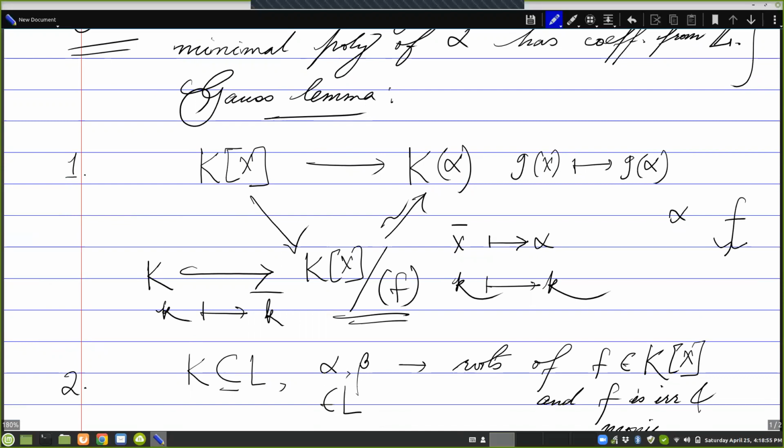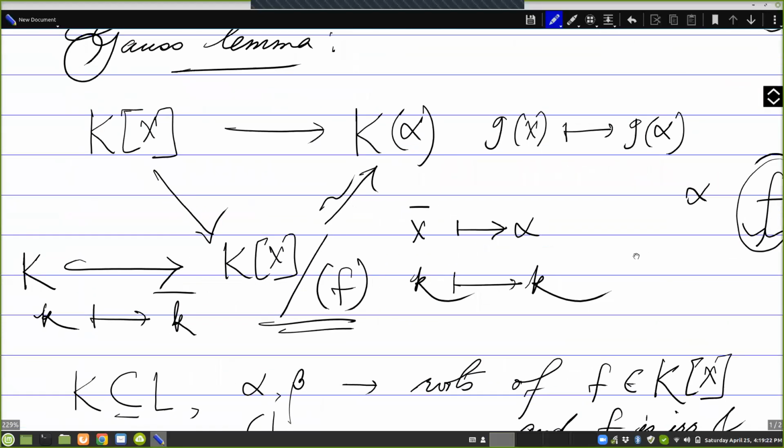So I repeat, suppose I have an extension L over k and alpha is algebraic over k, then a conjugate of alpha is by definition a root of the minimal polynomial of alpha. Thus the number of conjugates of alpha is the same as the degree of the minimal polynomial of alpha.